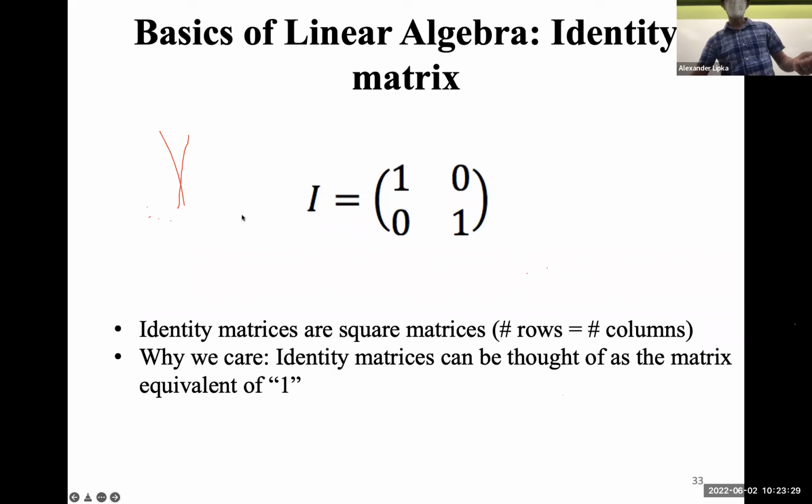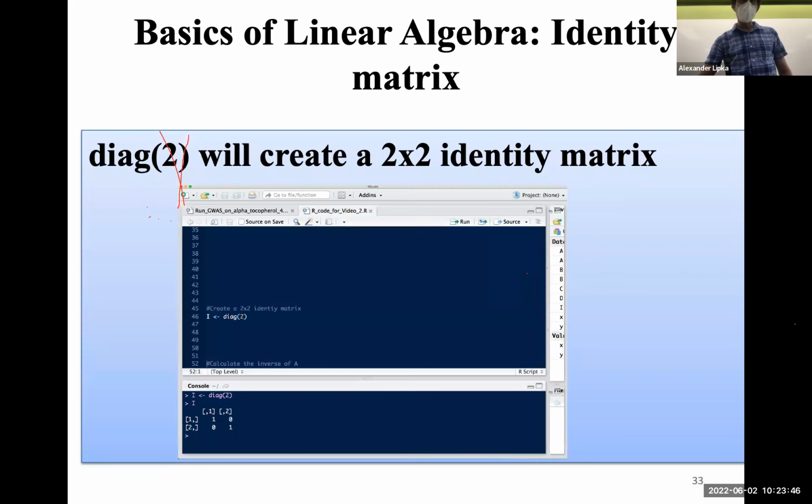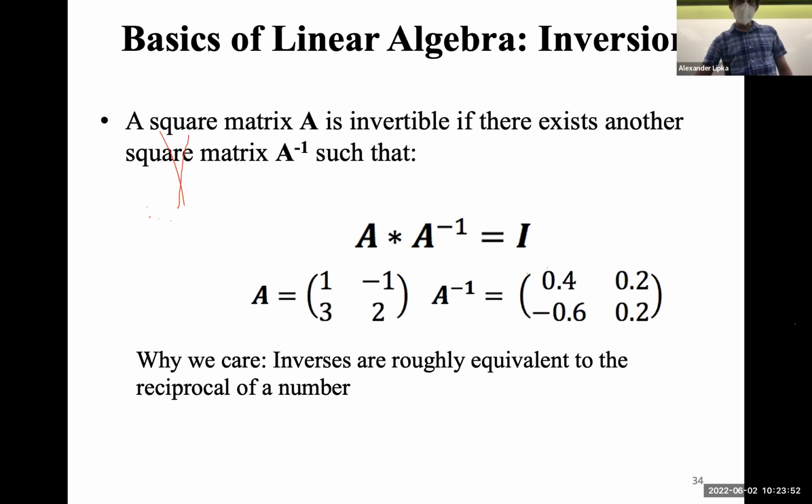Identity matrices are square, which means the number of rows equals the number of columns. The diagonal elements are 1 and the off-diagonal elements are 0. This is how you create the identity matrix in R.